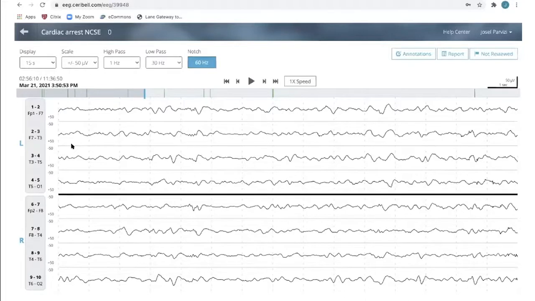So there were periods of time at 12:30 in the morning, 1:30 in the morning, when the Ceribell is going off reading red for continuous seizures, and the nurses give Ativan, and it shows complete cessation of the discharges. So we're able to provide the patient with treatment just based on nurse monitoring.